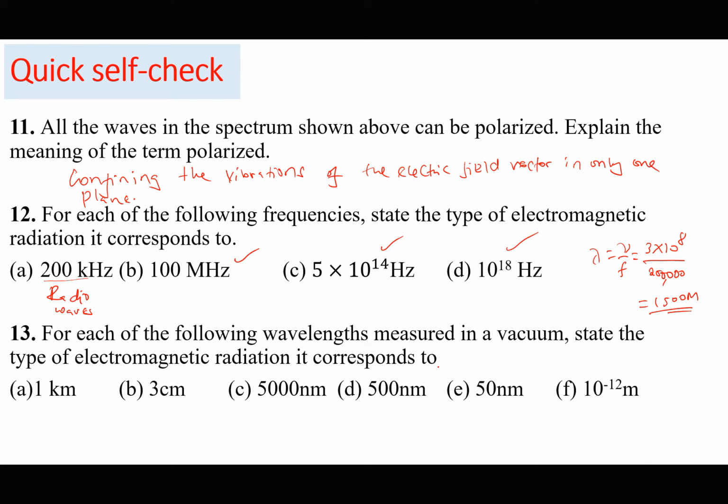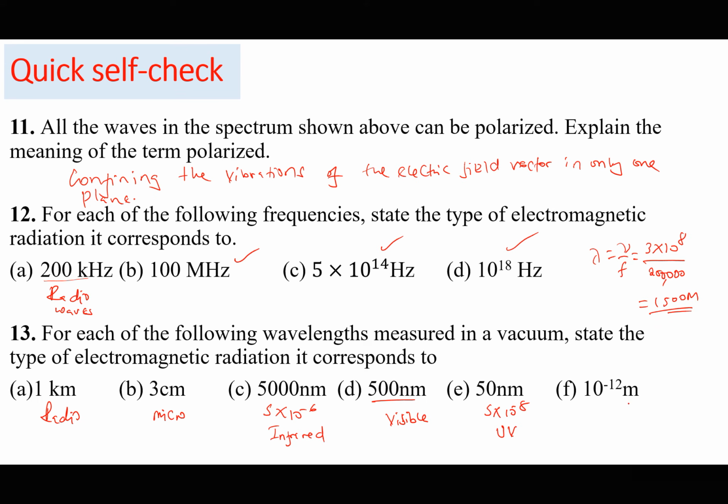For each of the following wavelengths measured in a vacuum, state the type of electromagnetic radiation it corresponds to. 1 kilometer, that must be radio. 3 centimeters, that could be radio. 3 centimeters is 3 divided by 100, 0.3, this is micro. 5,000 nanometers is 5,000 times 10 to the power of negative 9, the same as 5 times 10 to the power of minus 6, I think this is infrared. 500 nanometers, I think this is visible. 50 nanometers is 50 times 10 to the power of negative 9, which is 5 times 10 to the power of minus 8, which is UV, ultraviolet.